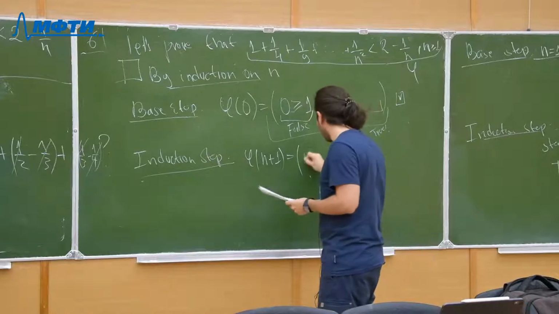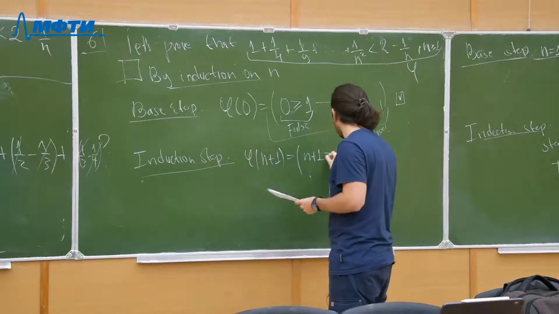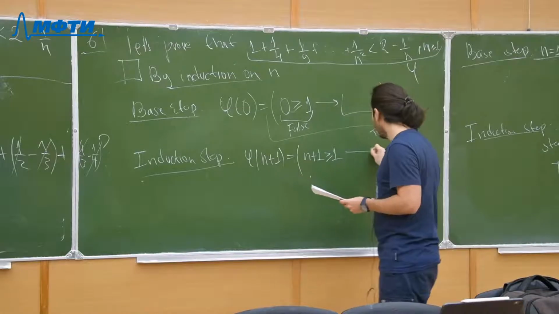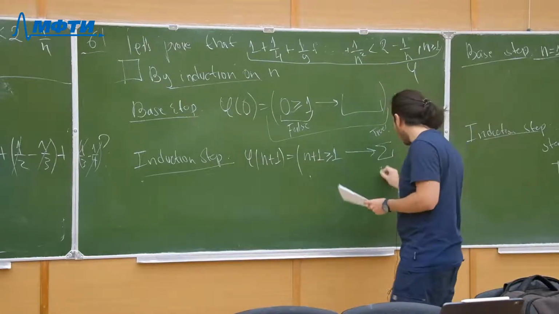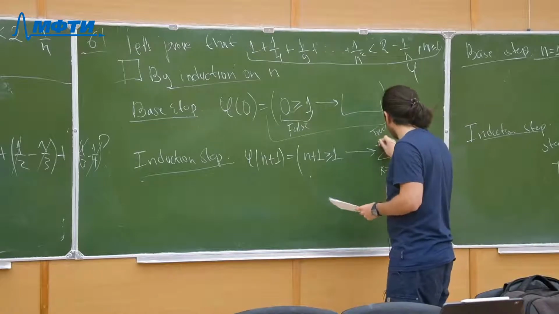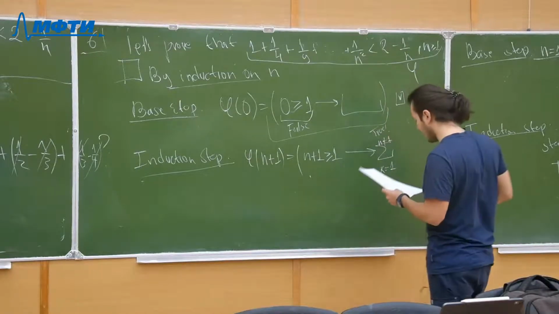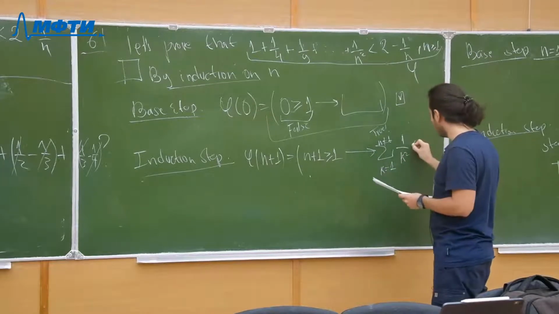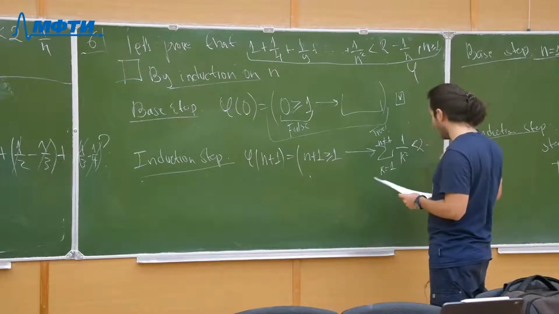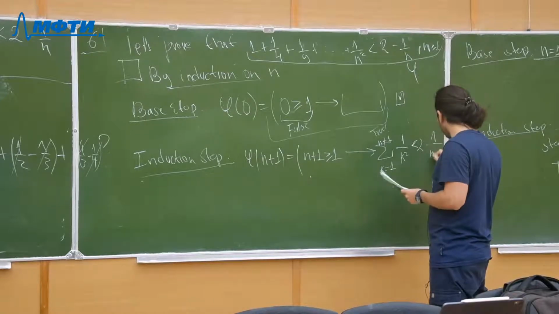If n plus 1 is at least 1, then the sum from k equals 1 to n plus 1 of 1 over k squared is going to be less than 2 minus 1 over n plus 1.